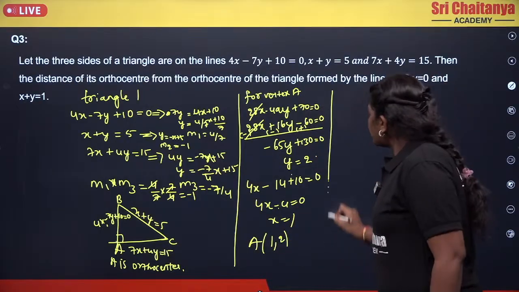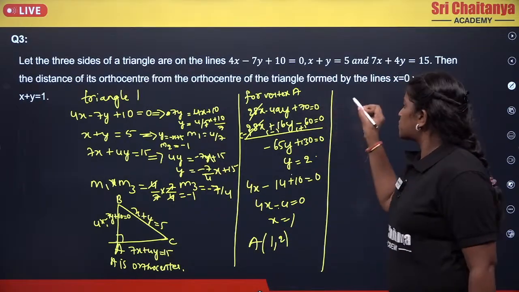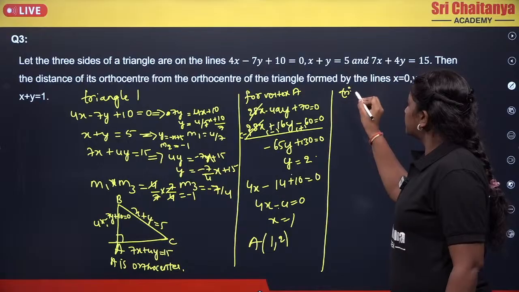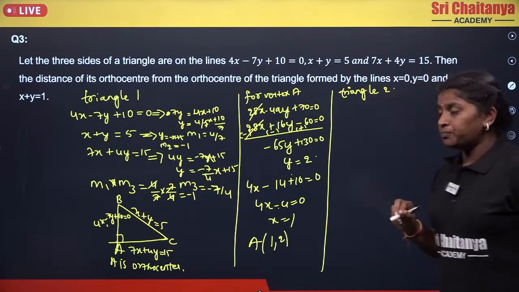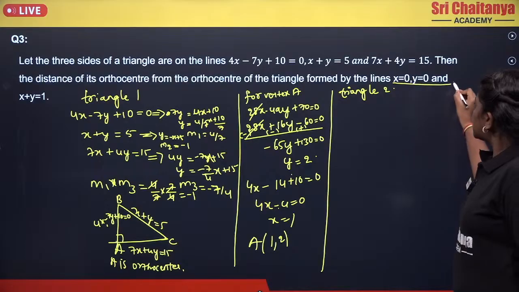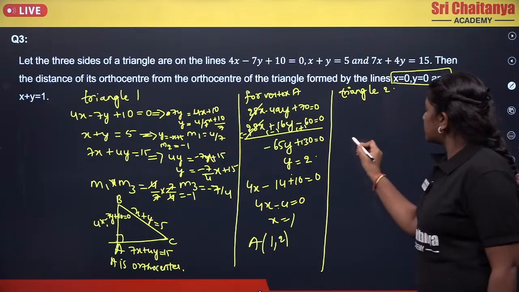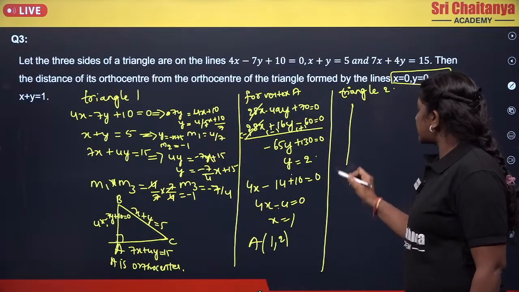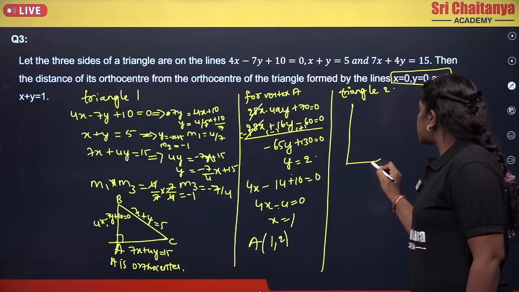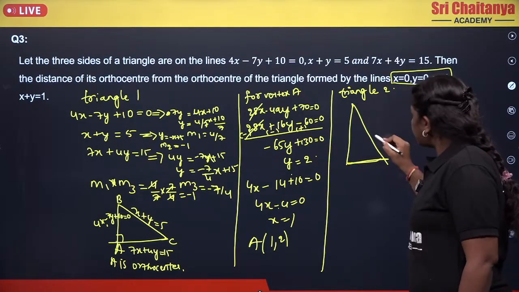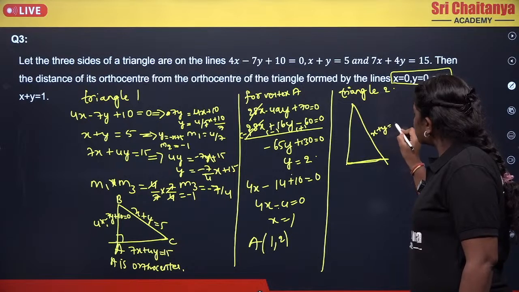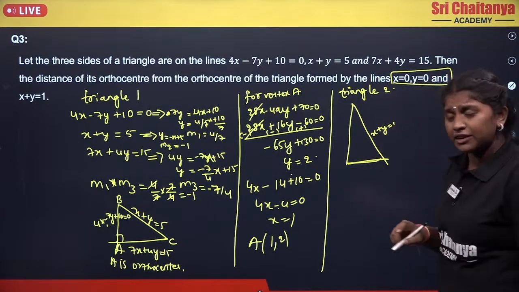Okay. Now, moving to the orthocenter of the second triangle. For triangle 2, if you observe, what are the equations they give? x equals 0, y equals 0. So, x equals 0 means the y axis, and y equals 0 means the x axis, and from there we have one line, x plus y equals 1. Clear everyone?